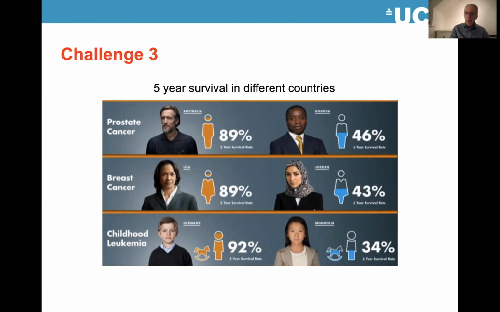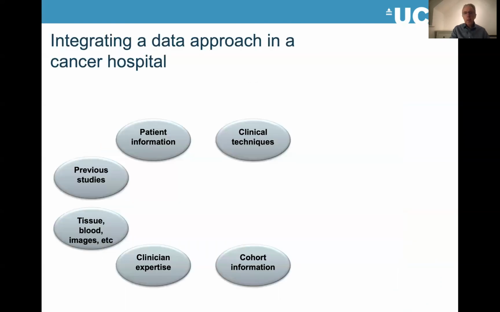And so the question I'm asking here is, how can data contribute to cancer research and improve outcomes? Let's take the different types of data seen within these ovals. What we know is information about the type of treatment, so the clinical technique. We know details about the patient from their patient records and their patient history and their family history.